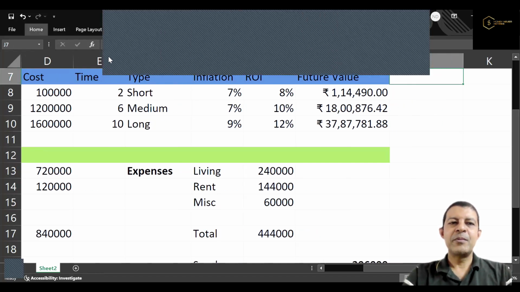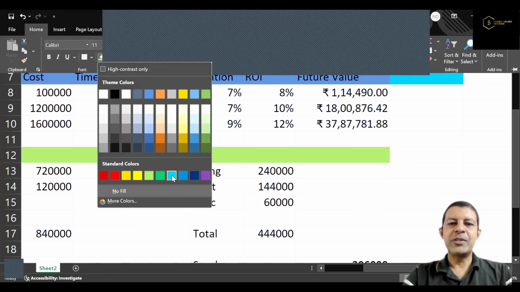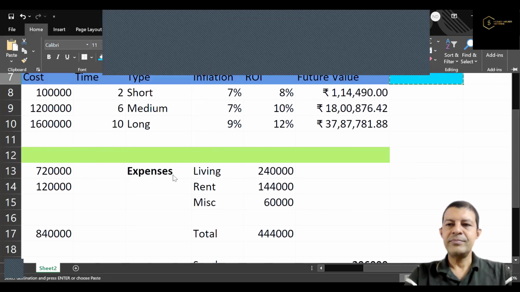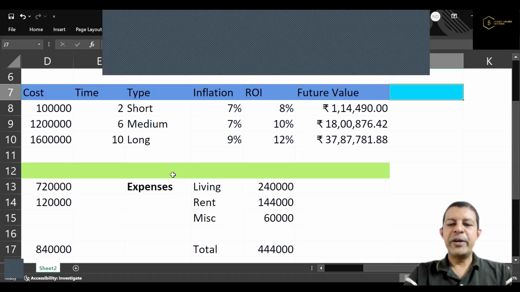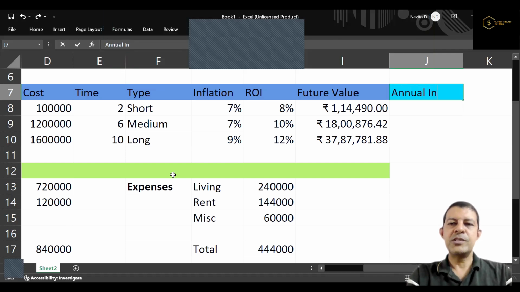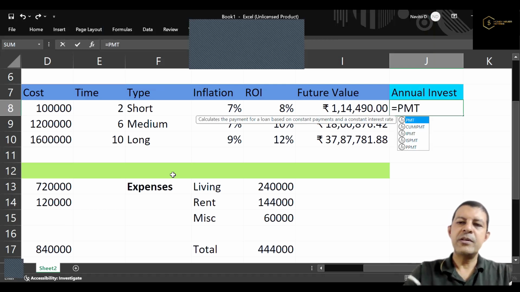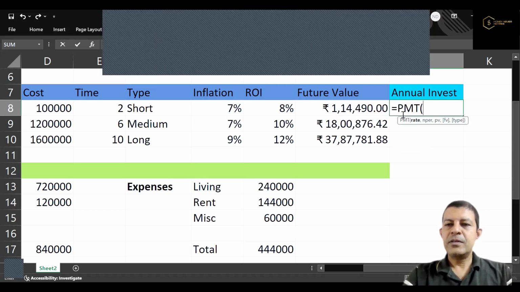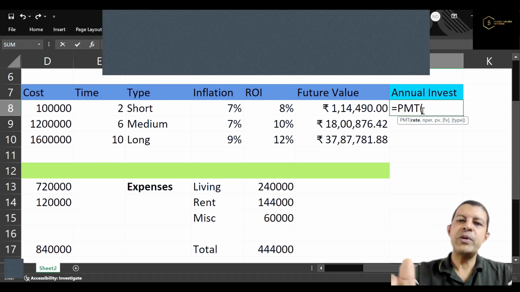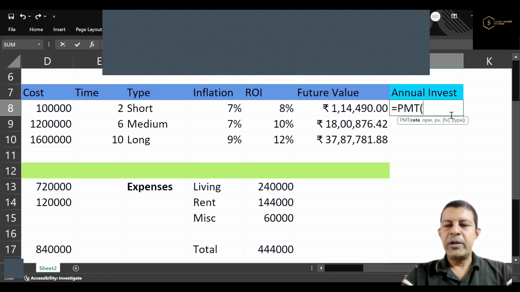Now, let us give it a slightly separate cell color. We now need to determine the yearly annual investment required. For simplicity, we'll see what the annual investment is. There is a formula called PMT, wherein we can identify the monthly investment to meet that future value or the particular goal.